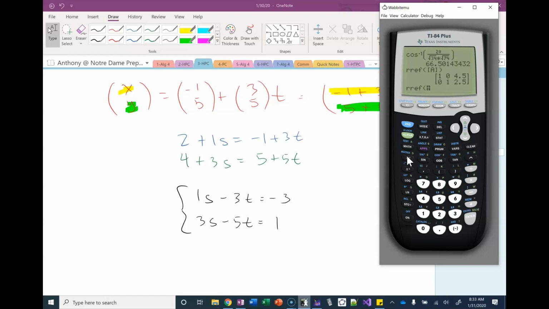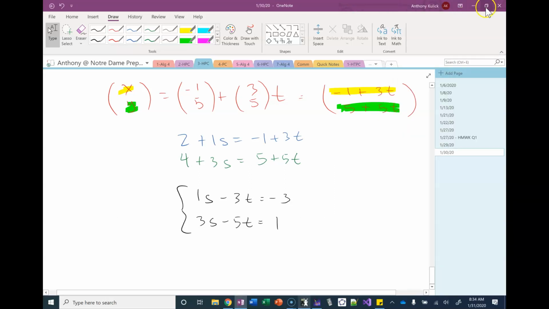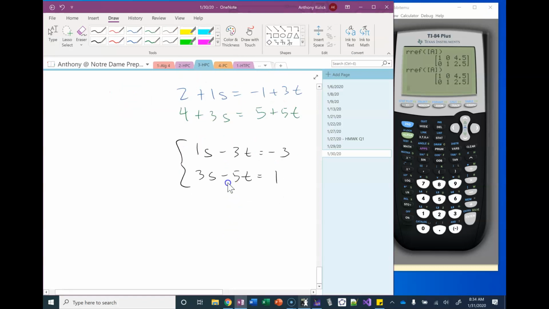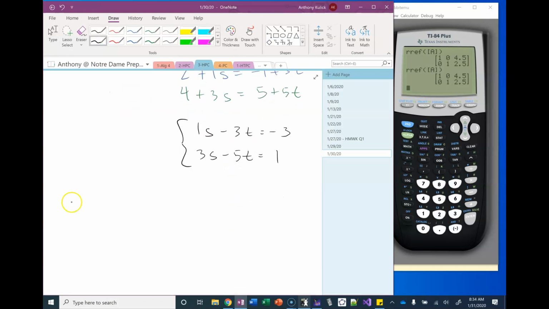Keep scrolling. And I'm going to do that RREF command on that matrix that I just made. You can do that if you'd like.